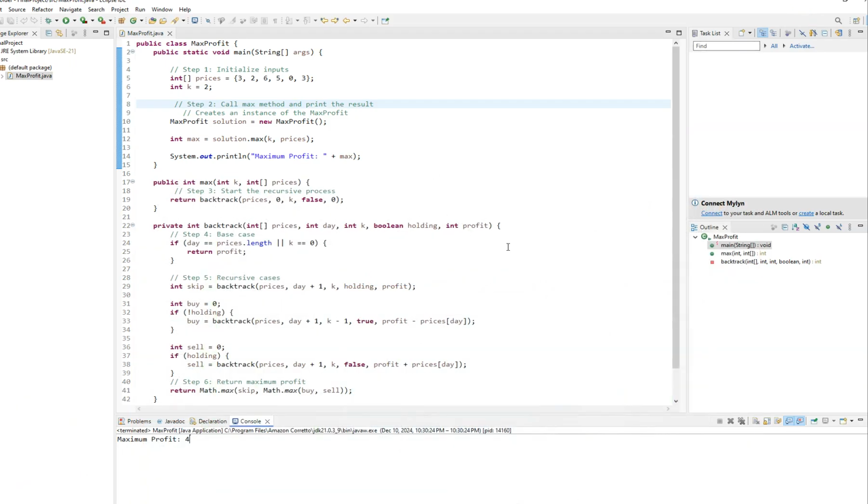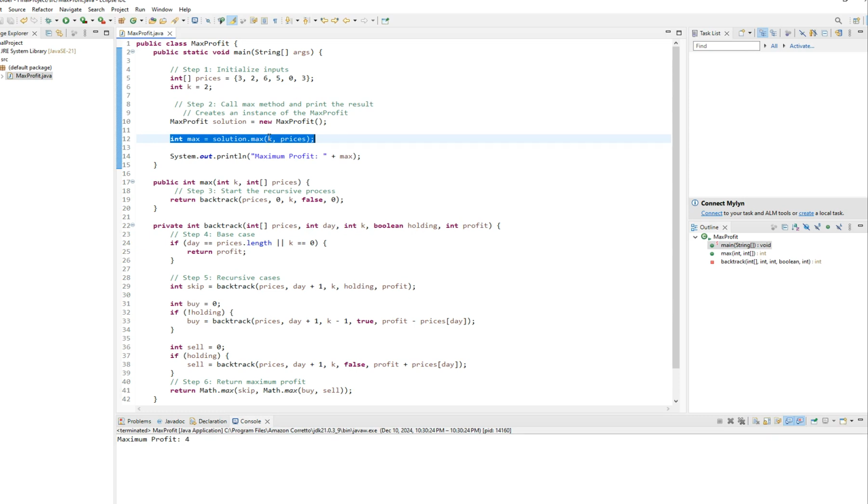in Java. So in the code, we have the class MaxProfit, and the logic will be implemented in three pieces. In the main method, we have the function called max, this one, and this will calculate the maximum profit.